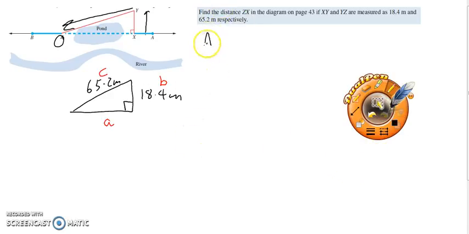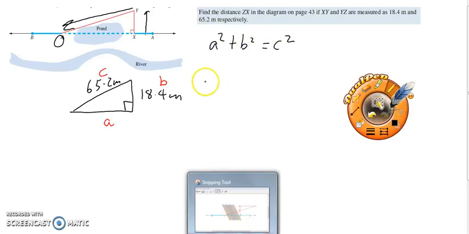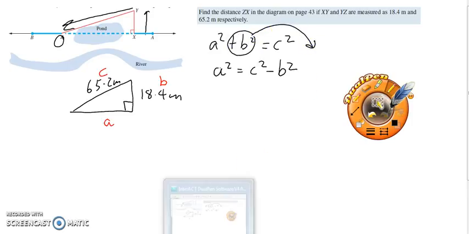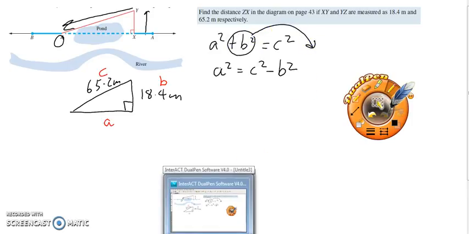So Pythagoras says that A squared plus B squared equals C squared. Now if we're looking for one of the others, what we can do is take it away. So we can say that A squared equals C squared, take B squared. So all I've done is move that onto this side, and to be able to do that, I have to take it away.